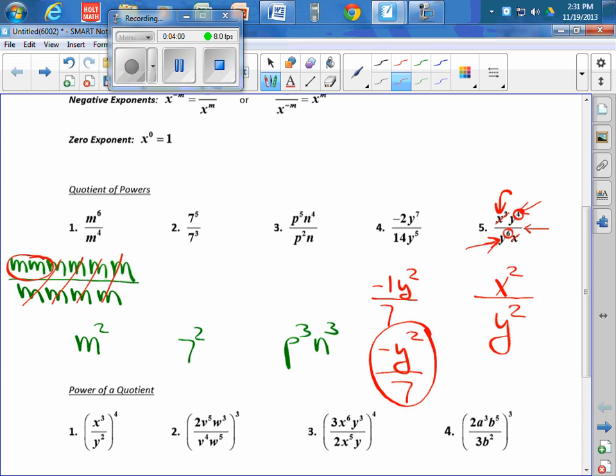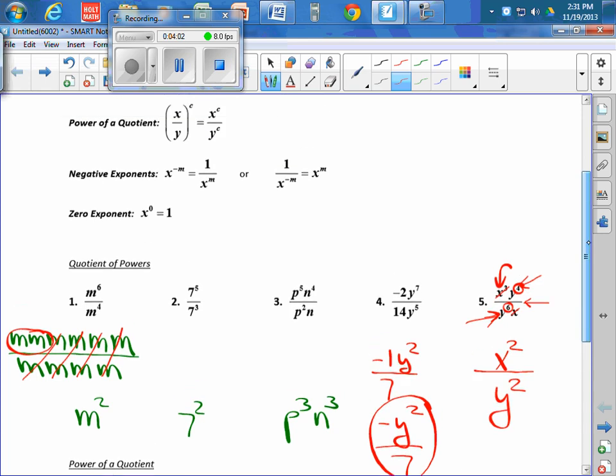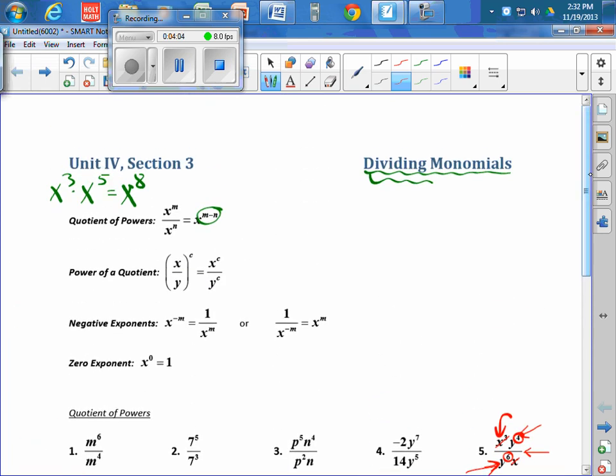All right, so let's back up for just a second here. Let's just talk about rules in general about how to solve this type of problem. One thing I need you to note. Let's write this down. There are no plus or minus signs.